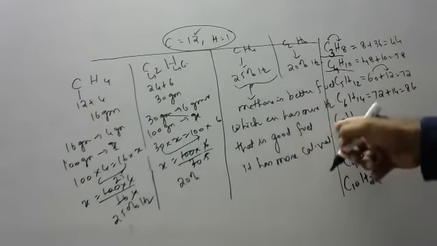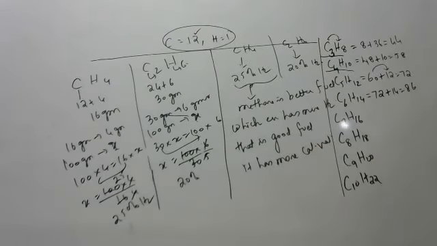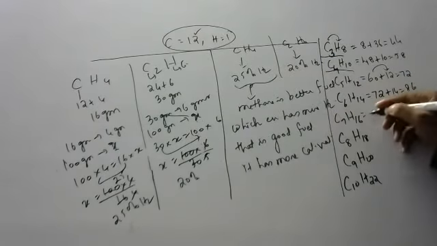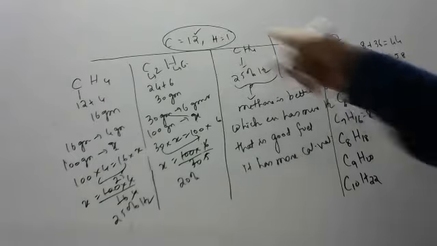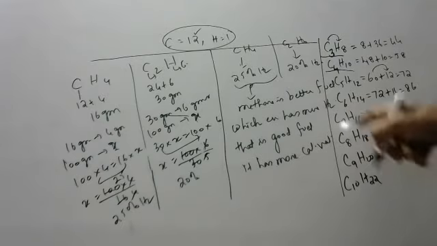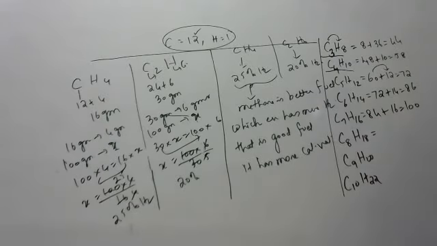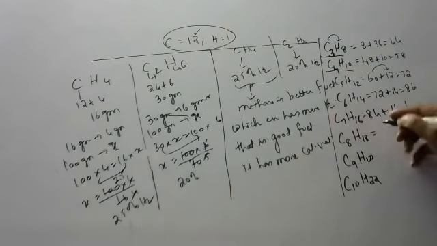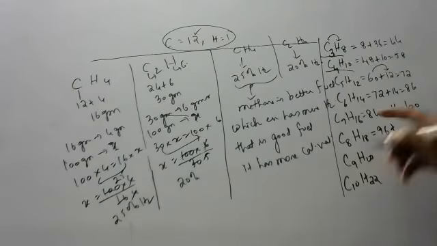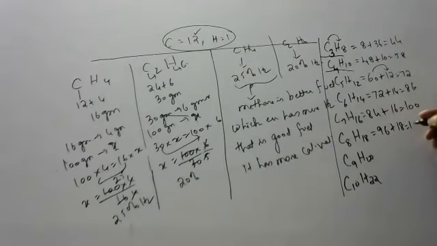Pravalika, C7H16 weight. 12 sevens are 84, plus 16, 100. Next, Ashrit, C8H18 weight. 96 plus 18, so 114.